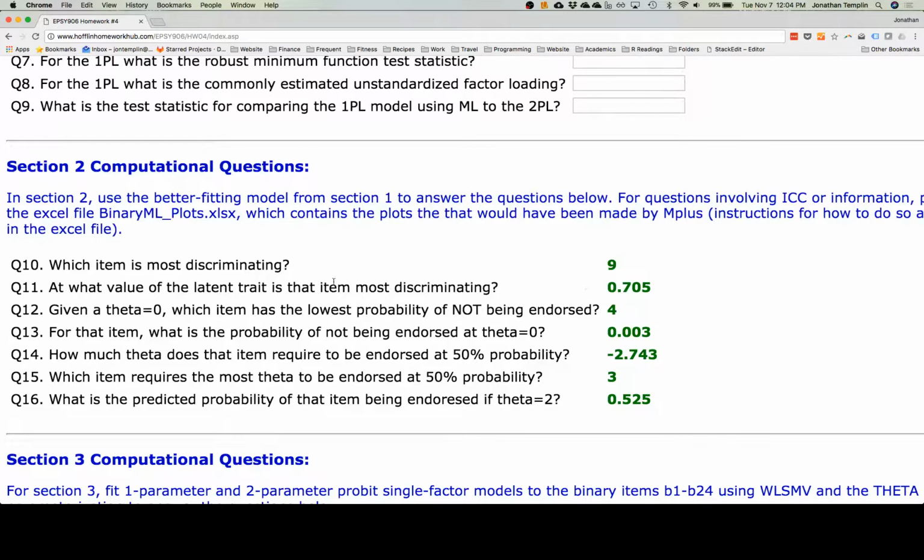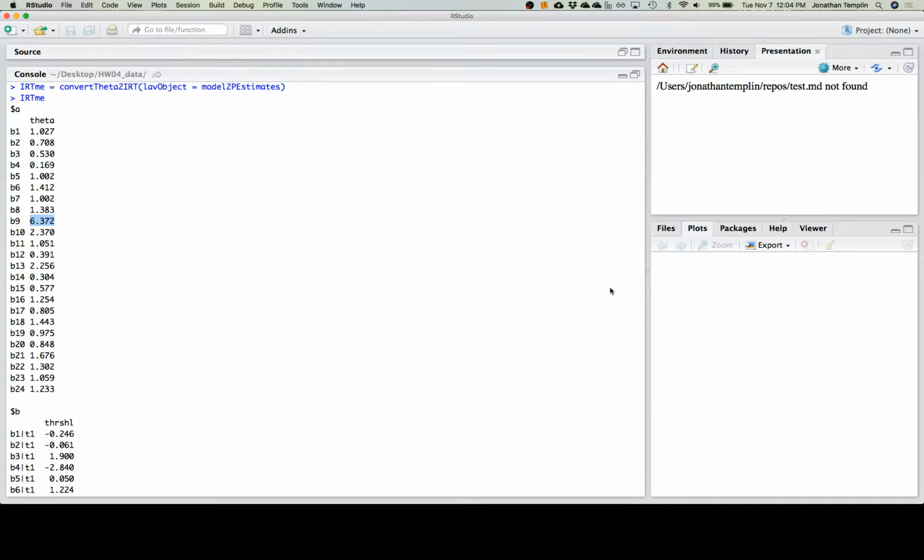Which item, at what value of the latent trait, is that item most discriminating? Where would you find that answer? Sorry, which one are you looking at? At what value of the latent trait is item 9 most discriminating?